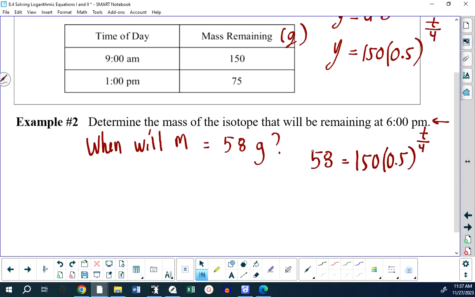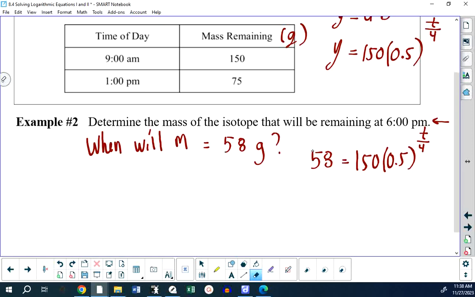So how do we solve this? Well, when we first learned of these applications, we solved them graphically. Here we're going to solve it algebraically because it could be a written response. So I'm going to take the logarithm of both sides. Well, no, I'm not. It'll be wiser if I divide both sides by 150 first.